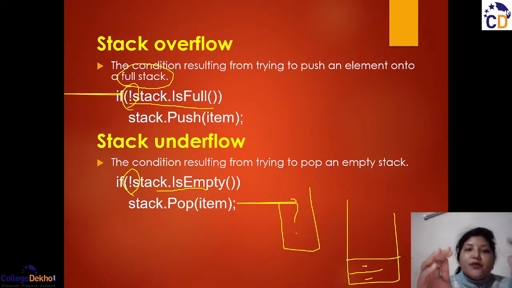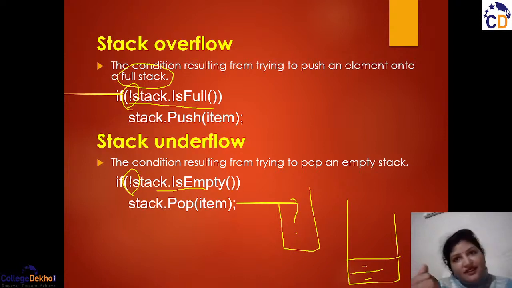So remember the points to be noted: you get the error stack overflow when your stack is full. You will get the error stack underflow when your data structure does not have any elements, any items in the list, or you may say in the stack, right?